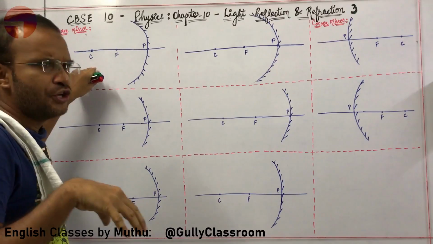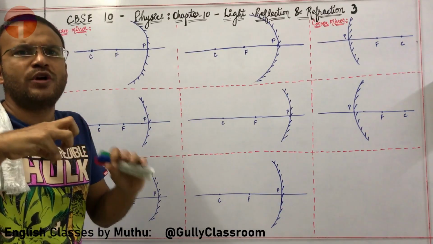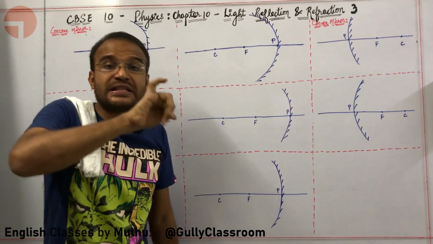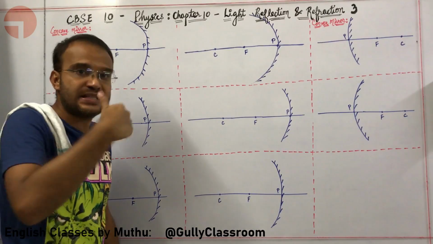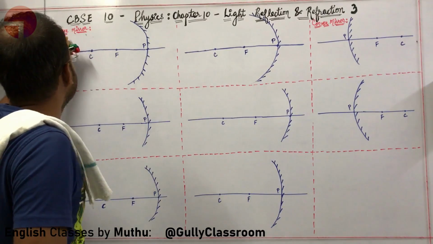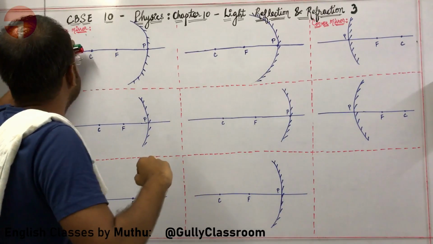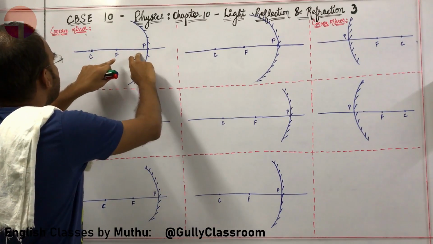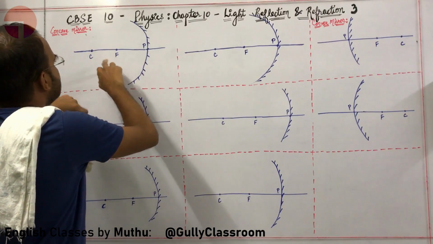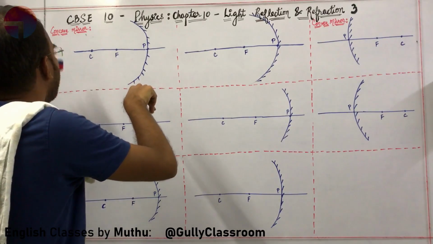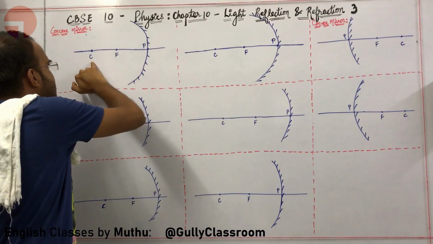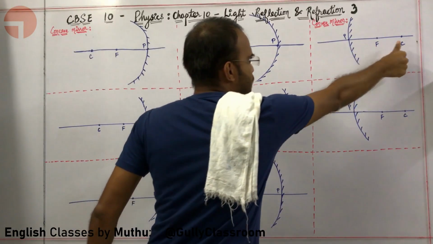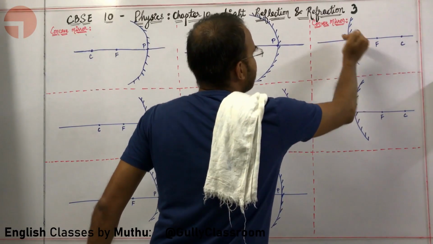Okay sir, in order to understand this lecture, what do I need to study first? In order to better understand this lecture, you need to first study the first and the second lectures in this series, because in them I would have already covered what is a concave mirror, what is a convex mirror, why is concave mirror a converging mirror, why is convex mirror a diverging mirror, what is pole, focus, center of curvature, what is focal length, radius of curvature, why the principal focus and center of curvature lie in front of the concave mirror, and why they lie behind the convex mirror.